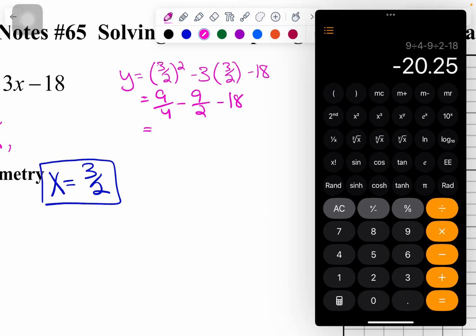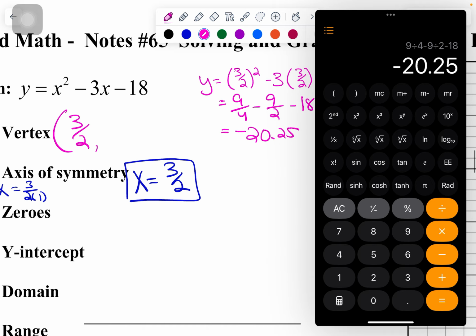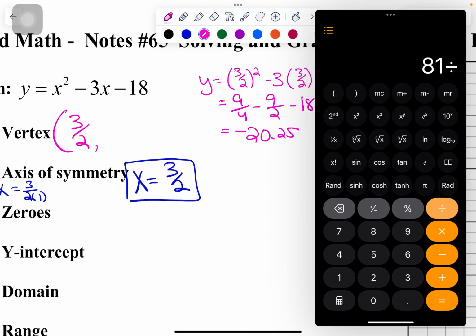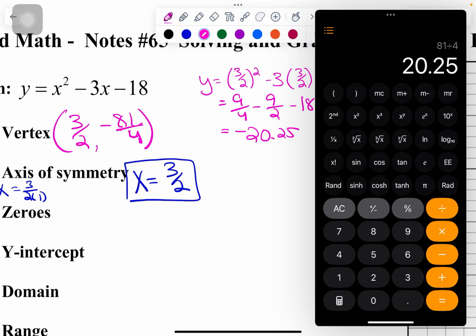I don't think this calculator can turn it into a fraction for me. Negative 20.25. Not a huge fan of the decimal answer there. Let me do the math in my head really quickly. I think it's 81 over 4. It is. So negative 81 over 4 is the fraction answer. When we're doing these vertex problems, I would be looking for the exact answer.